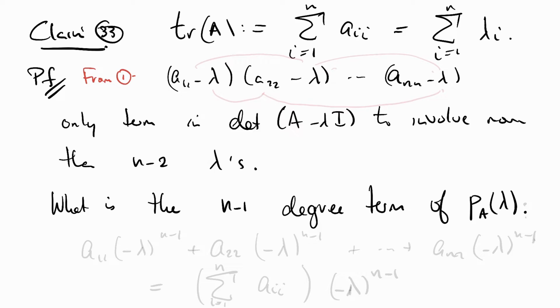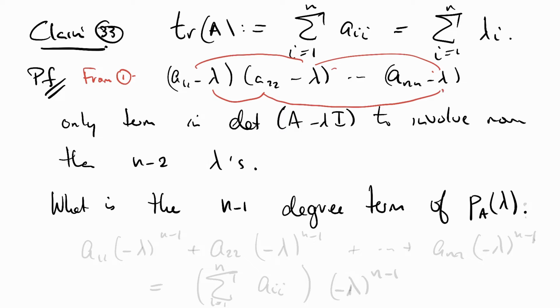How do we get this? Well, the only way to get an n minus 1 degree term of this is to multiply A11 times the other lambdas, or to multiply the lambdas by A22, for example.